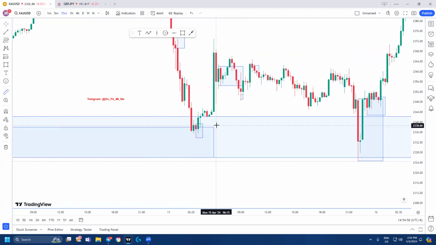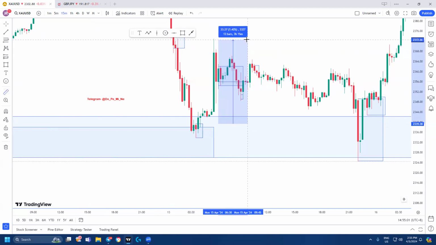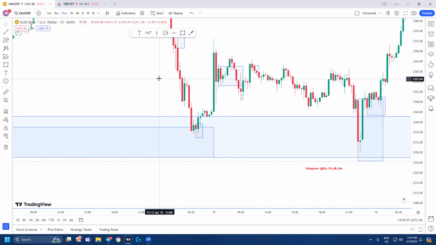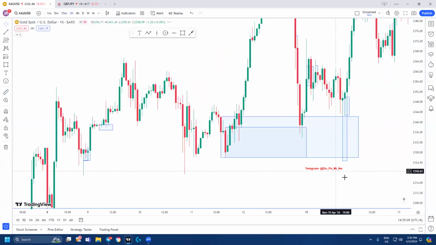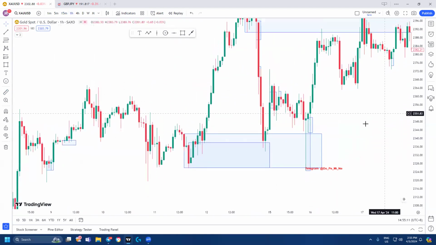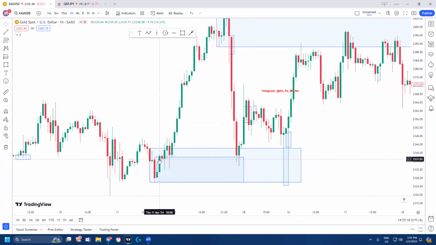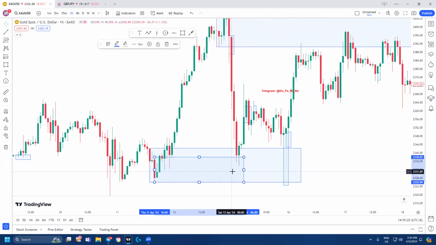So how many pips do we get? 300 pips. Actually, 100 pips is very good already, right? So the TP, how to look for the TP is like this. The first one, this is actually from H1.